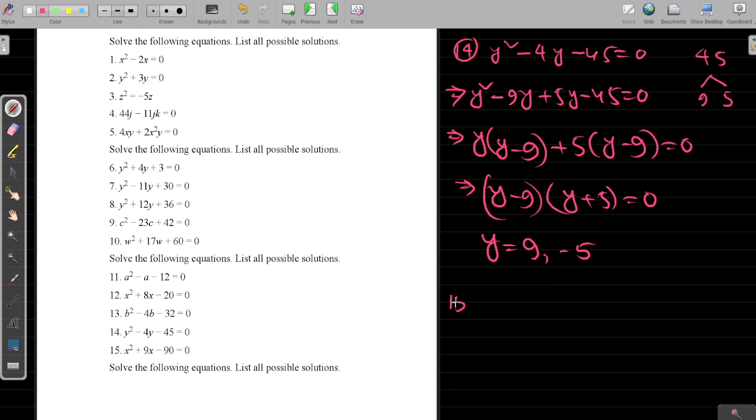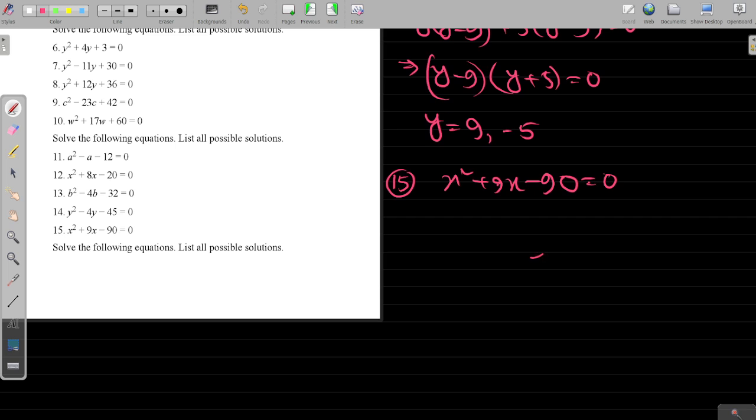Then the last one, 15: x square plus 9x minus 90 equals 0. If I break down this 90 to get 9, how can I get 9 from 90? Let us think. 90 means 2 multiplied by 45, 3 multiplied by 30, 4 is not divisible into 90.